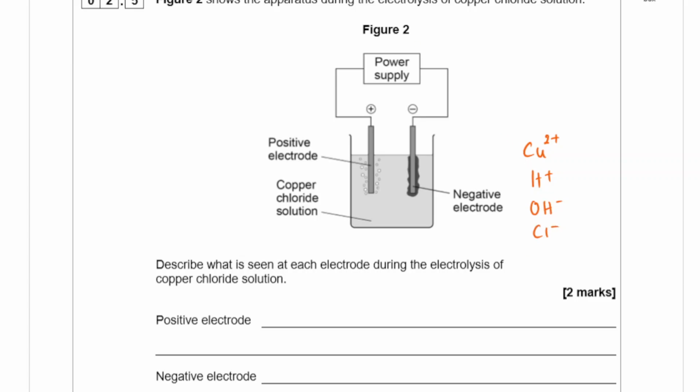Now it's these ions that are going to be reacting at the positive and negative electrode. So at the positive electrode, chlorine is formed, but what they're asking is what is seen. So you can also see the bubbles. So that's all you need, right?